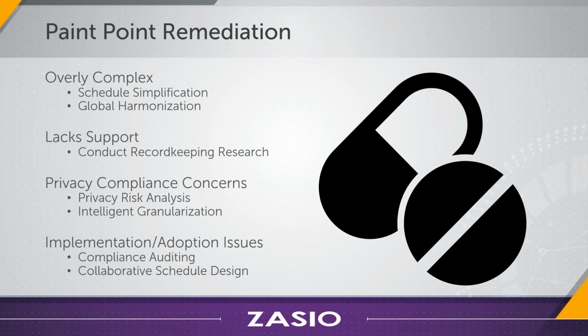And this can also lead to confusion and mistakes. So one solution is to harmonize, we call it, where you pick a retention period that works for most or all of your different countries where you're operating, and then use that as your global retention policy instead of having a hodgepodge of different rules for each country.